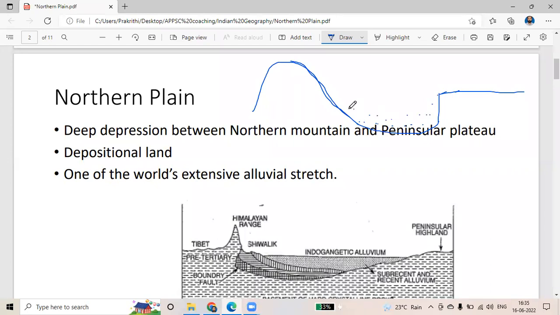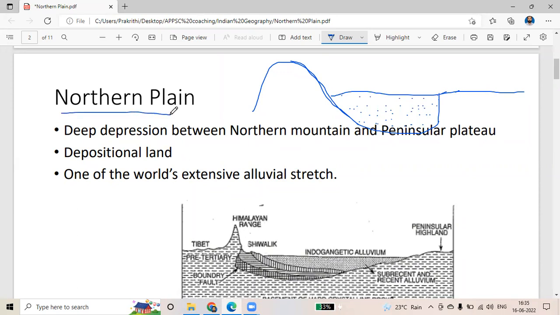Finally, the basin was filled with alluvium. So there is alluvium deposition over this whole area, and a new landform was formed, called the northern plain.